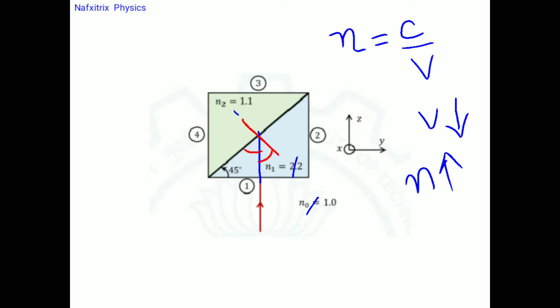As it is incident in this manner, it is just like cutting that angle exactly in half. Here 45 degrees and here 45 degrees. So this 45 degrees is greater than 30 degrees, that means total internal reflection takes place and the ray would go in this manner. Finally, this ray would go in this manner, like this.